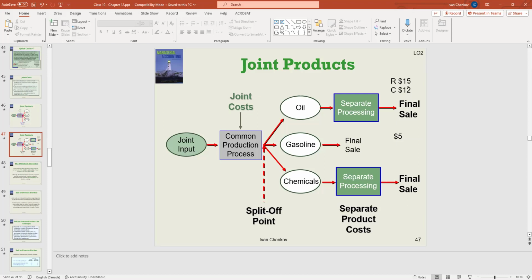But it's going to cost me $12 to process it and make it oil. Should I go for it? No. Why? Because I'm going to lose $2. Make sense? So my actual incremental revenue is going to be equal to $10 only.